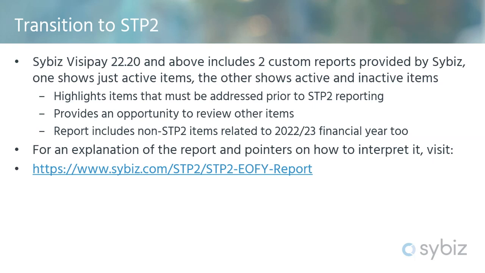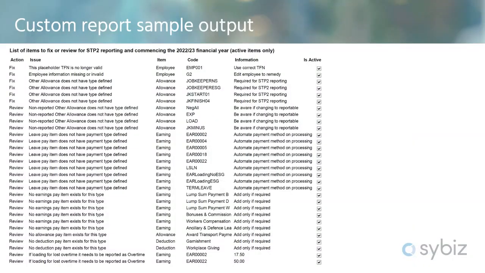So just an example of the report, and there's also a little bit of a link there if you want to get some pointers as to what this all means. So don't worry about the detail here, but it's giving you an idea of the kind of things it will look at: things that you need to fix and also things that you need to review. So it might be that you don't have a pay item for one of the particular reporting categories.